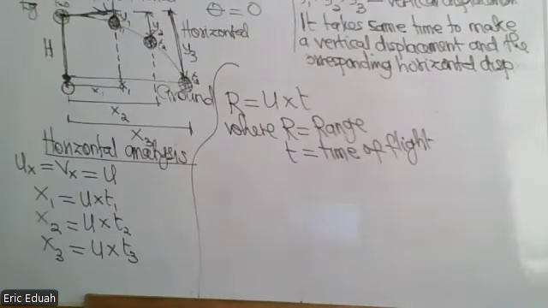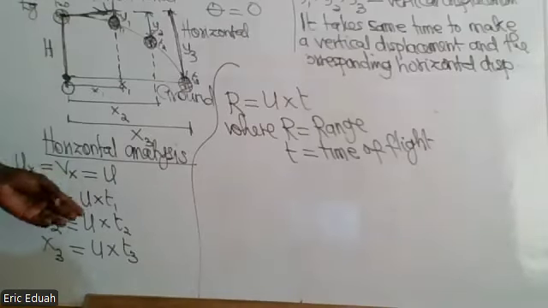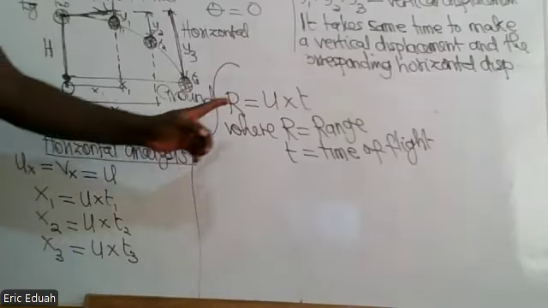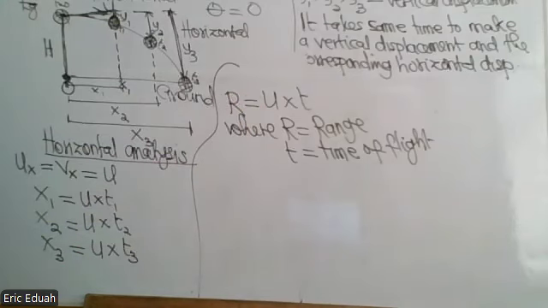The time of flight is the total time taken during the whole flight or journey of the projectile. So if you're asked to calculate the range, it is equal to the constant horizontal velocity times the time of flight.